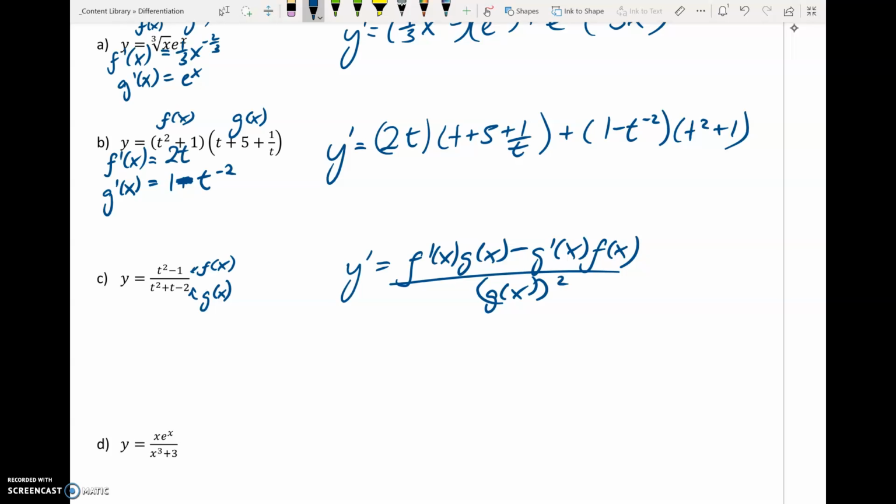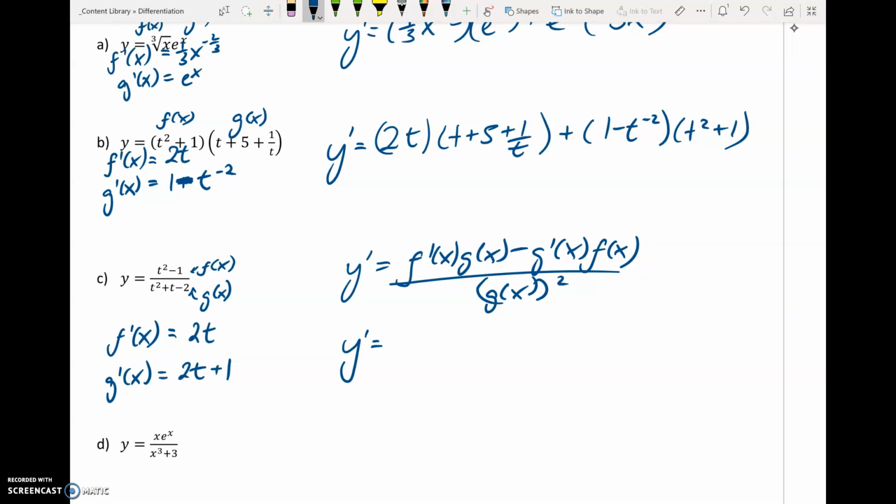So again, we want to find f prime of x and g prime of x. F prime of x is going to be 2t by using our power rule. Then we're going to find our g prime of x, again using our power rule, which is 2t plus 1. And then we're going to plug it into our formula for the quotient rule.